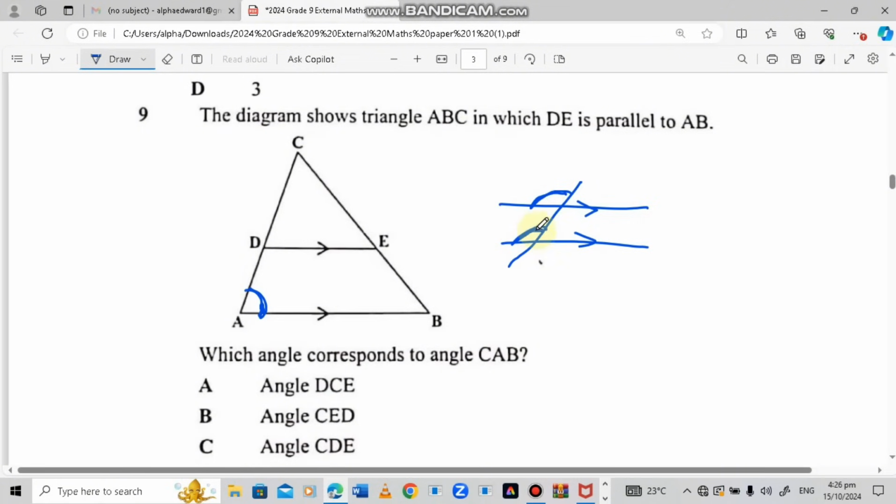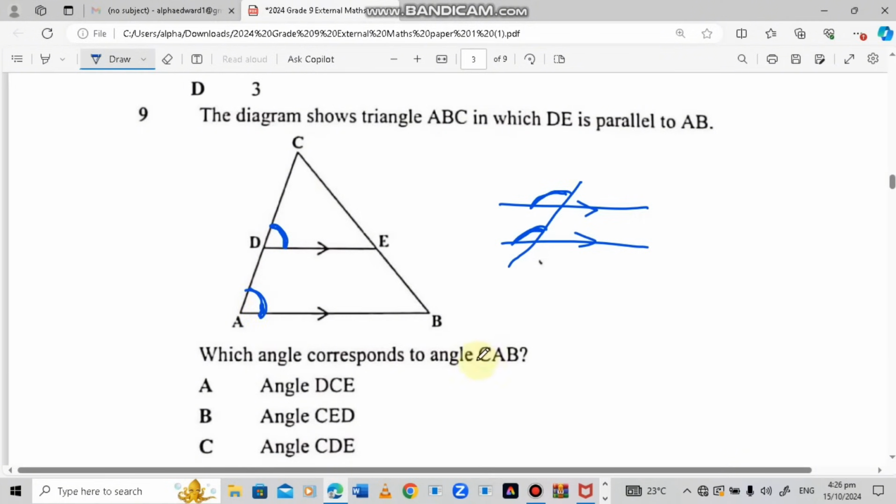Because this angle is sitting exactly at the same position as this other angle, it means these two angles are corresponding.